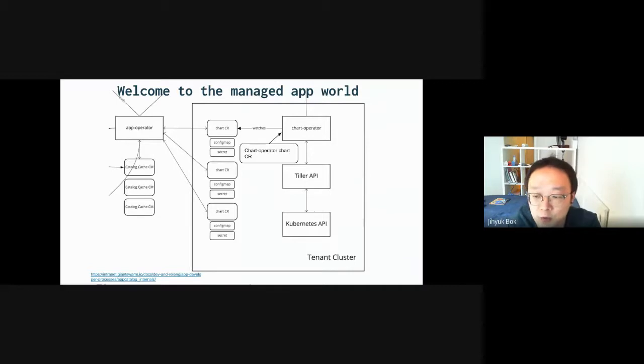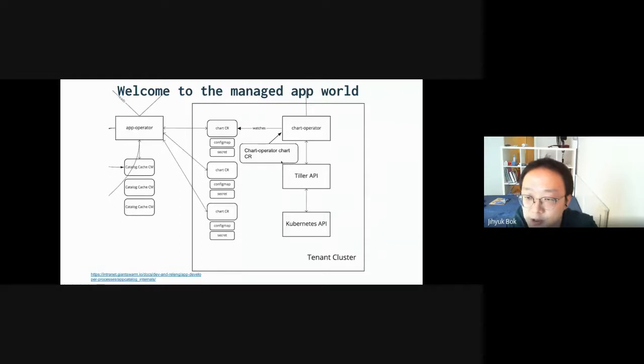Whenever we have a new tenant cluster, the app operator tries to install the chart operator inside it first. And this chart operator has a job to watch the chart CR in the giantswarm namespace in the tenant cluster, and it installs the Helm release inside the tenant cluster. This diagram is a little bit old because we are using Helm 3 these days, but I think I need to point it out.